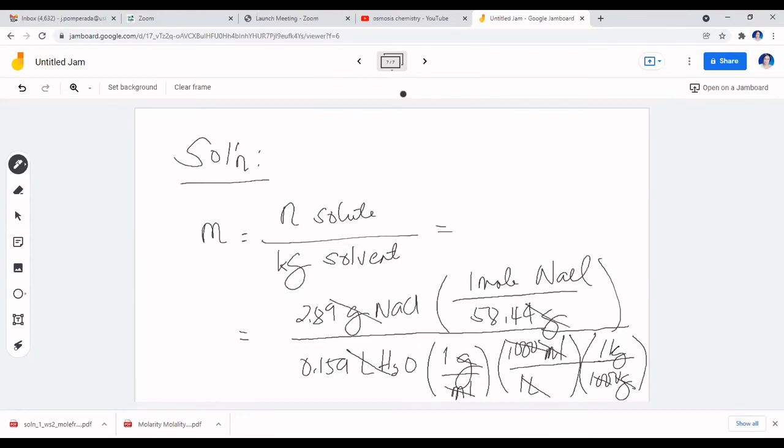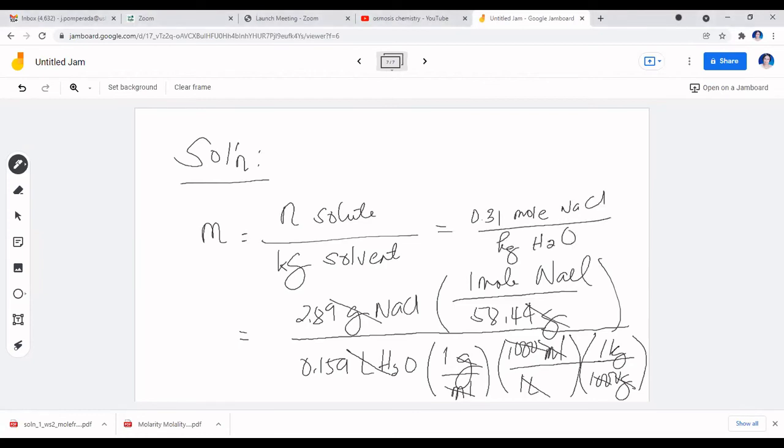Okay, let's see. What's the molality? Okay, Pearl gave me 0.31 mole NaCl. Okay, Dana also gave me the same thing. NaCl per kilogram water.